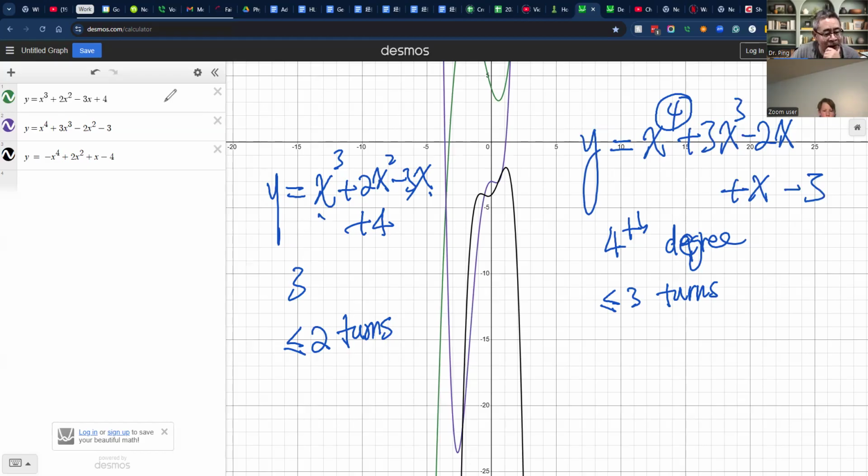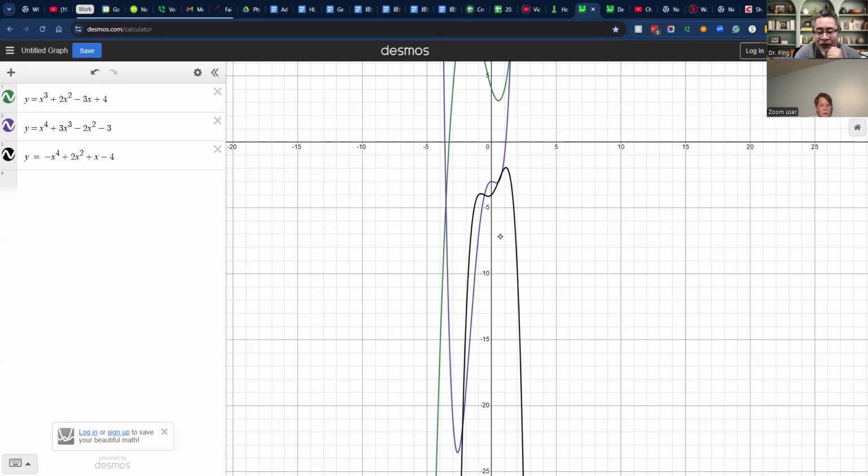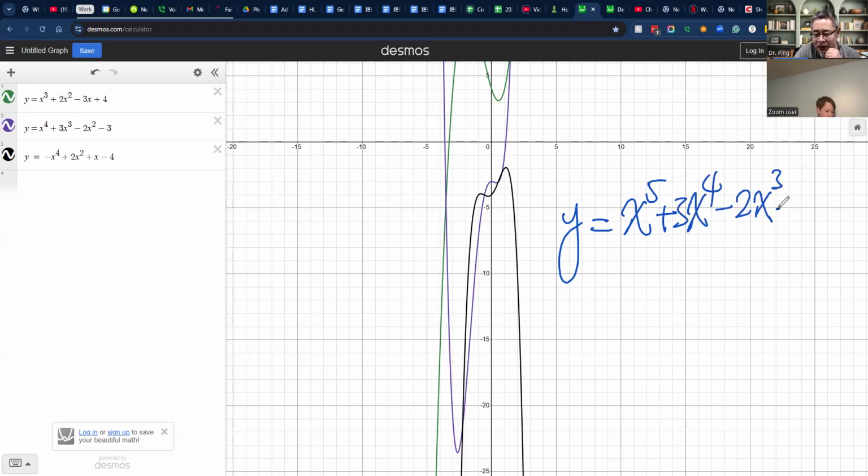Okay, I'm going to show you one more. Now we're going to look at degree of 5. Let's see. Y equals x to the 5th plus 3x to the 4th minus 2x to the 3rd and minus, say, 5x and plus 1. Well, let's see how that looks.